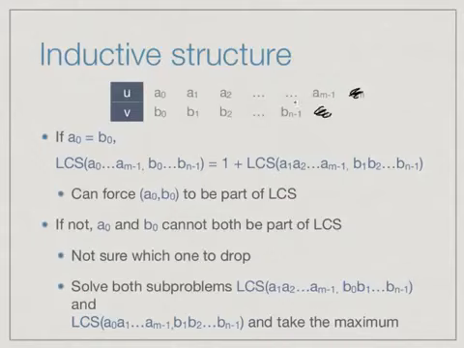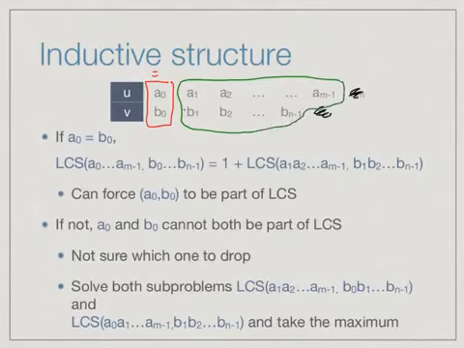So A0 to Am minus 1 is the first word, B0 to Bn minus 1 is the second word. Now there are two cases. The first case is the easy case. Supposing these two things are equal. Then, like before, I can inductively solve the problem for A1 and B1 onwards and add this. I can extend that solution by saying A0 matches B0 and then whatever matches.